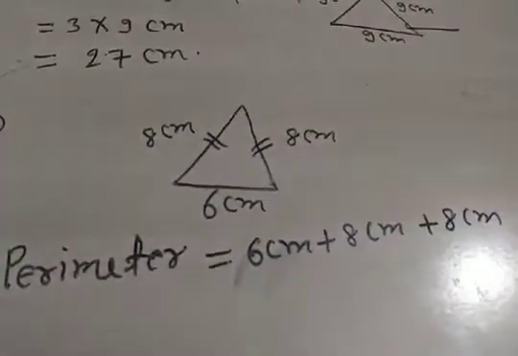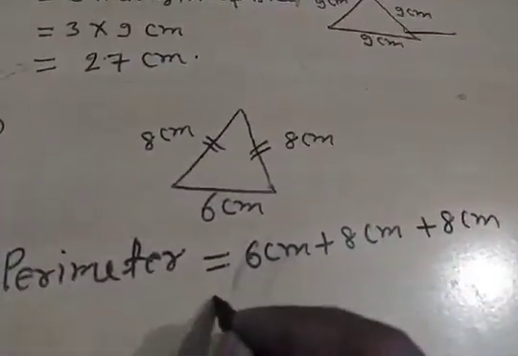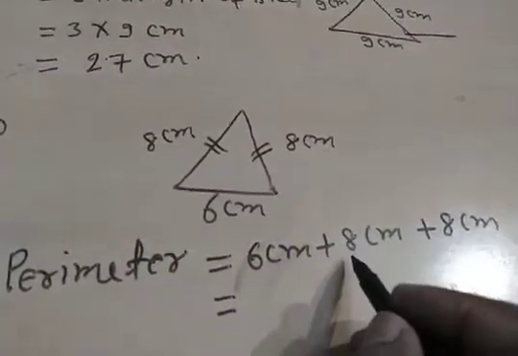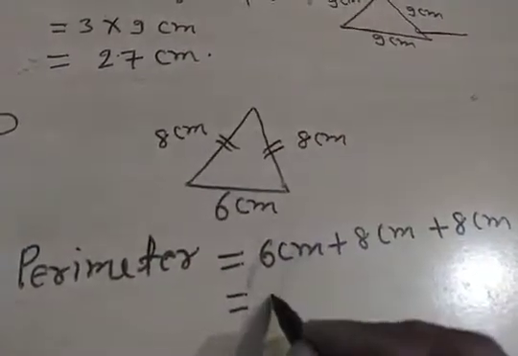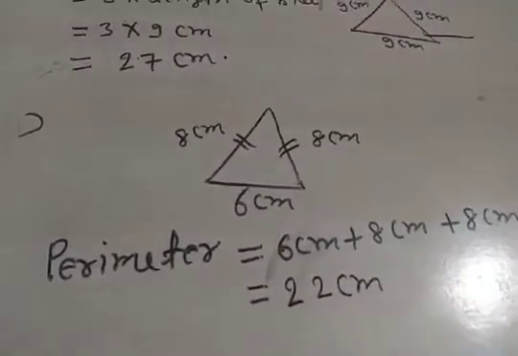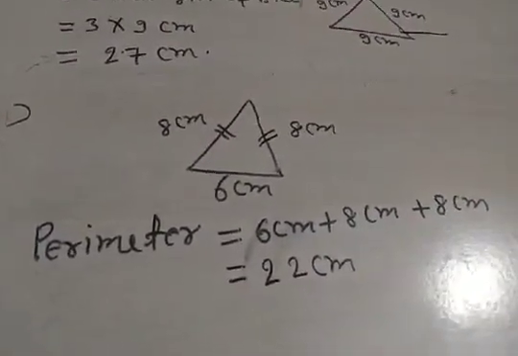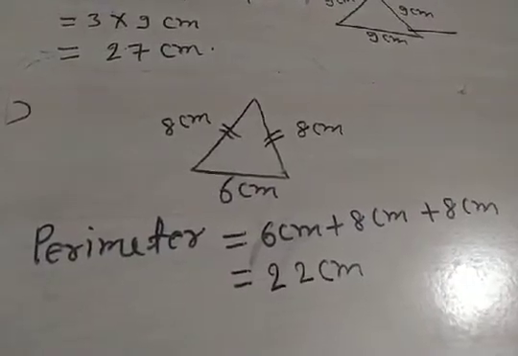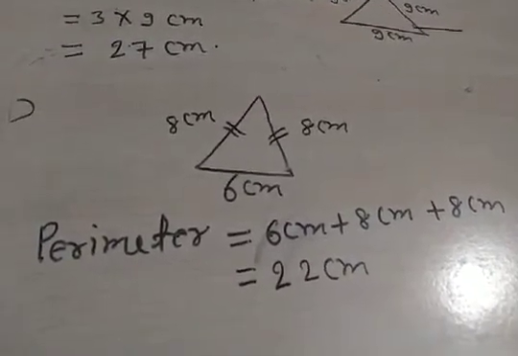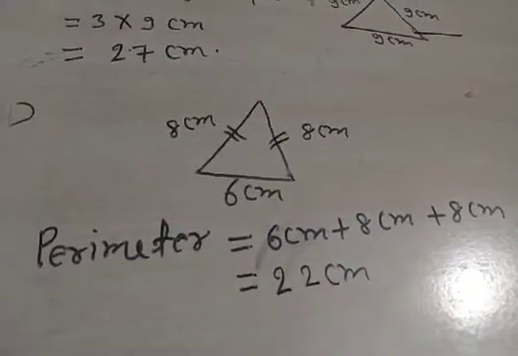Clear? So this is 6 plus 8 is 14, plus 8 is 22 centimeter. In this way we find the perimeter of the isosceles triangle is 22 centimeters.